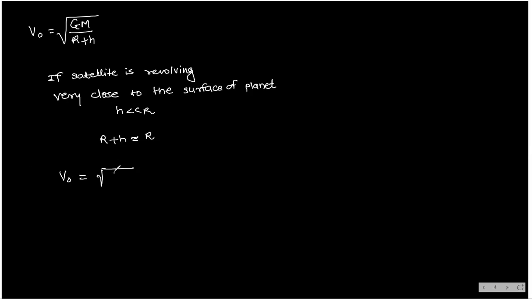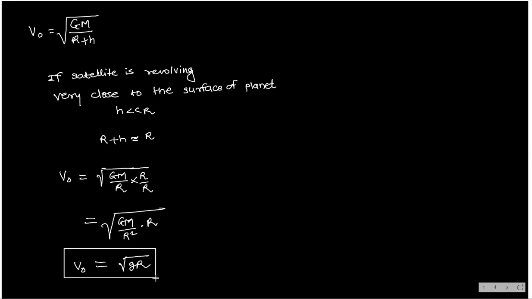Under root of G M by R. Now again I am multiplying and dividing by R. So what I am getting? G M by R square into R, which is equal to root G R. Understood? This is the orbital velocity when the satellite is revolving very close to the Earth's surface.